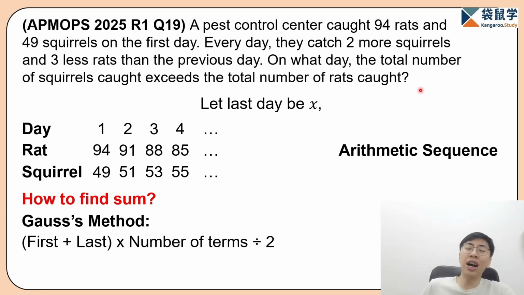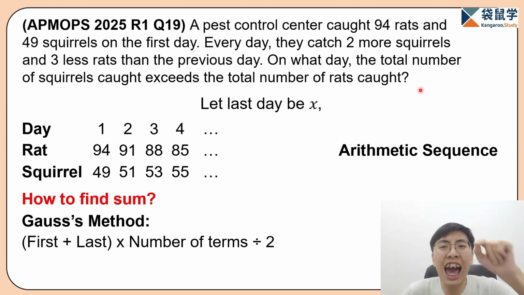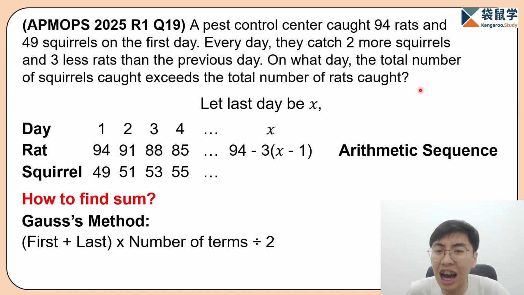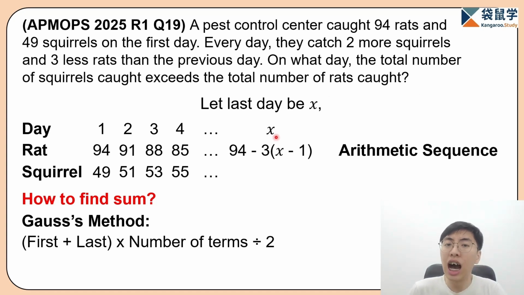So between the first day and the last day x, there are x minus 1 intervals of 3. So that means it is just going to be 94 minus 3 times (x minus 1). 3 represents how many each day is decreasing, and x minus 1 represents the number of gaps between the days.